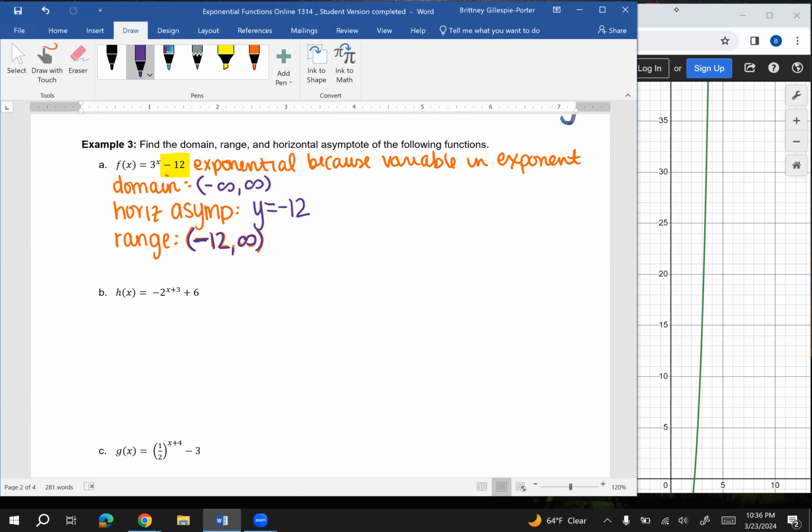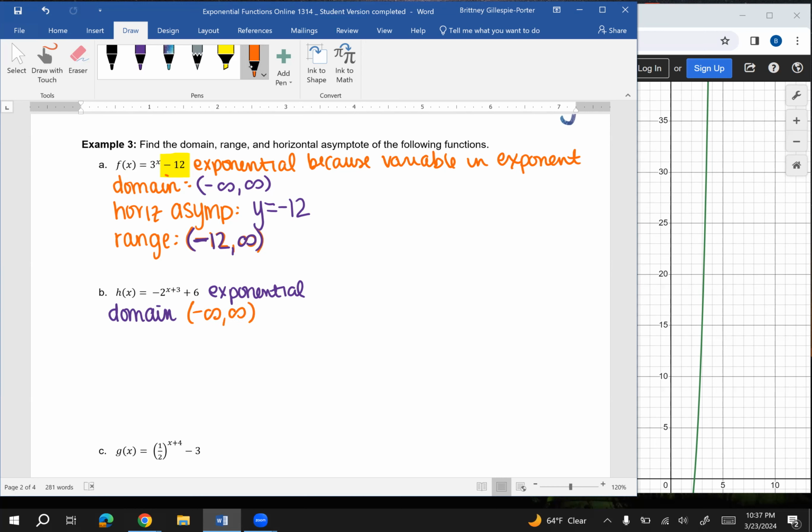Let's try our next one. We have negative 2 to the x plus 3, plus 6. Again, our variable is in the exponent, which means that we do have an exponential function. And if we have an exponential function, we know our domain is immediately negative infinity to positive infinity.